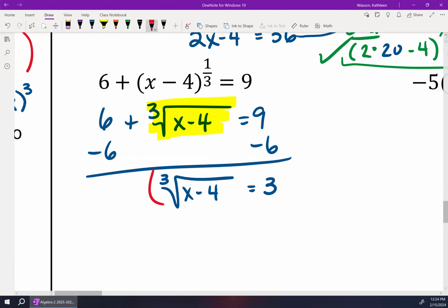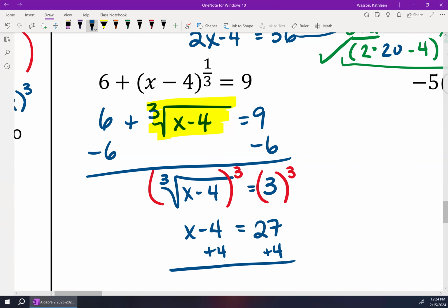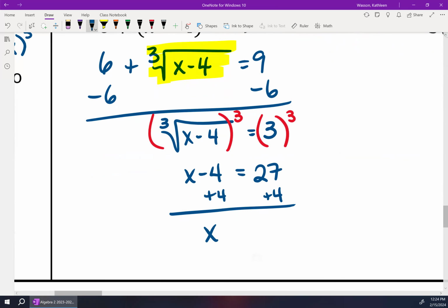So I raise this to the 3rd power, the power of the index. So I do the 3 to the 3rd power. Now I can take the radical off and I get x minus 4 equals 3 to the 3rd is 27. You can leave it as 3 to the 3rd. It doesn't matter. I'm going to write 27. And then you solve for x. So you add 4. And we get x equals 31. And you check your answer.